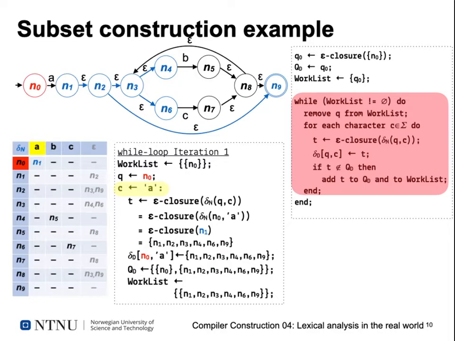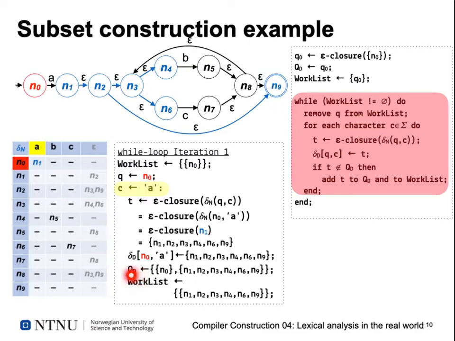So what we do now is we construct a new element of our deterministic transition function here for our state N0 when reading an A. You can end up in N1, N2, N3, N4, N6, or N9. So when you're in N0 and read an A, you can end up here, or you can read epsilons and end up there, or somewhere in between, or even here at the end.